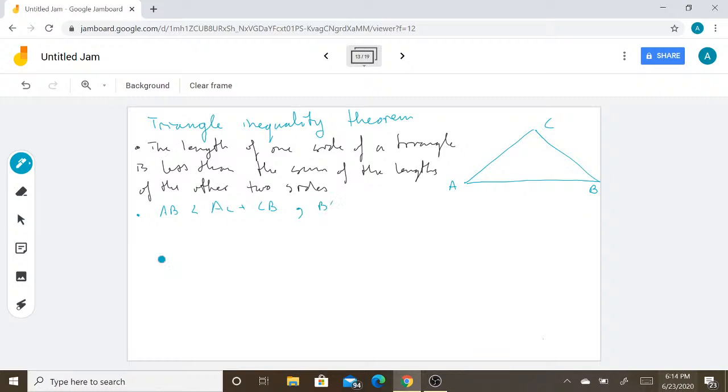BC is less than BA plus AC, and AC is less than AB plus BC. So every single side is less than the sum of the other two sides.